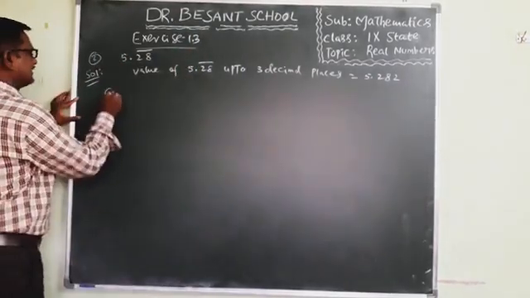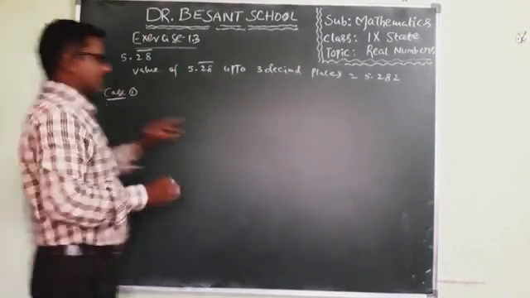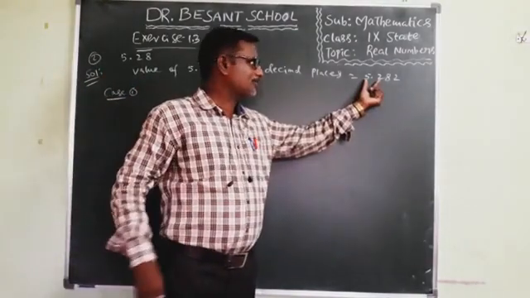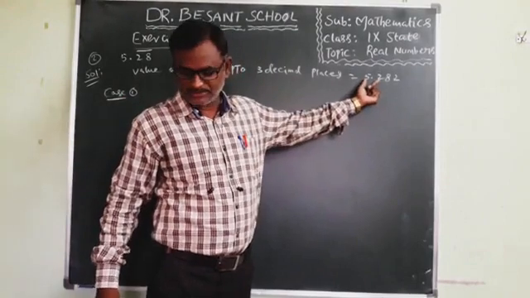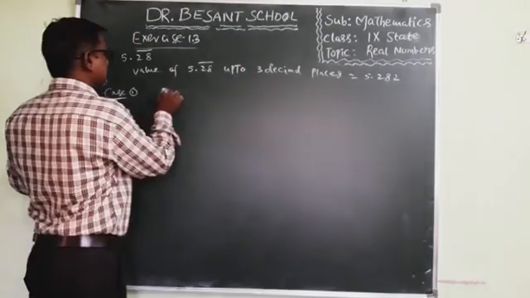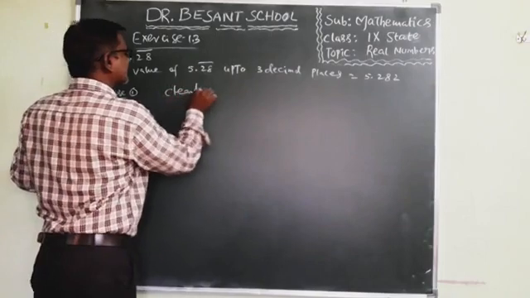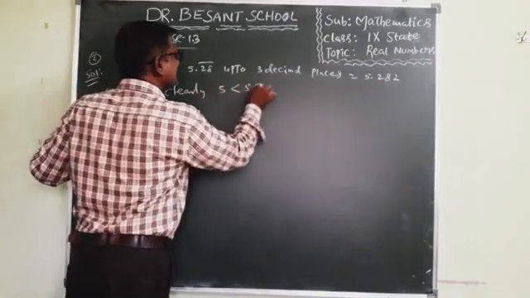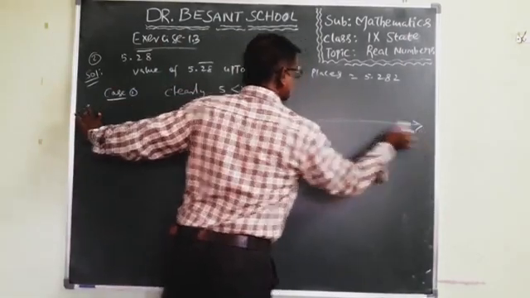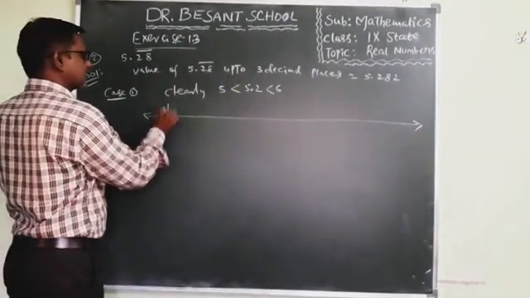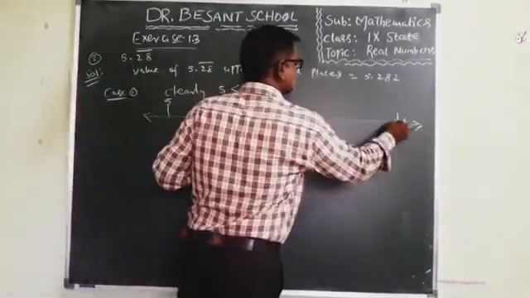Okay, case 1. First we have to see 5.2. 5.2 lies between 5 and 6 on the number line. Clearly 5 is less than 5.2, which is less than 6. Children verify. This is the number line. It is 5, it is 6.